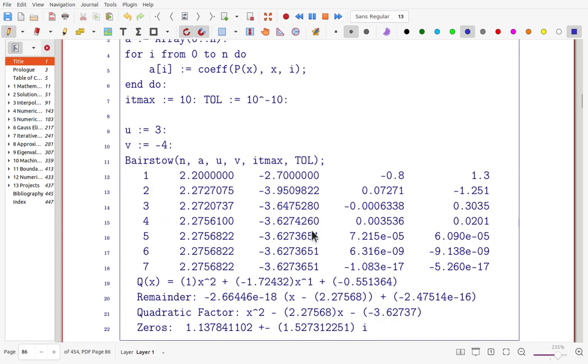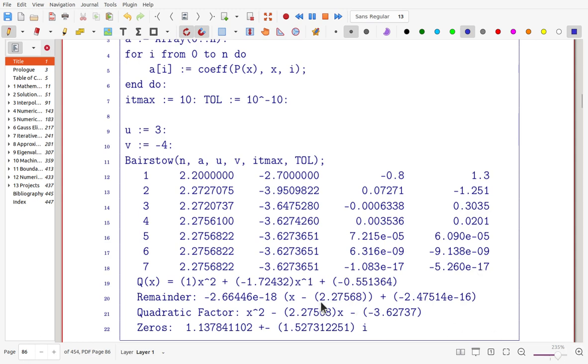Here is the uv value, and that is the delta u, delta v value. Eventually, this delta u, delta v value is the difference between consecutive iterates, so that can be used as a stopping criterion.